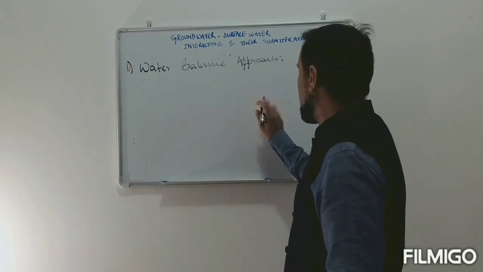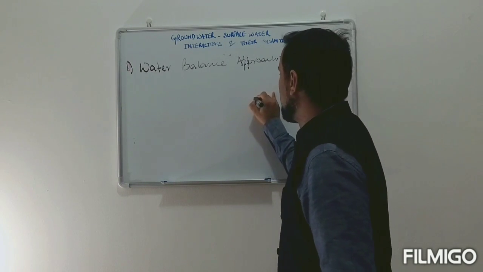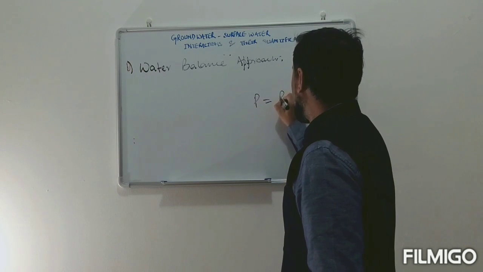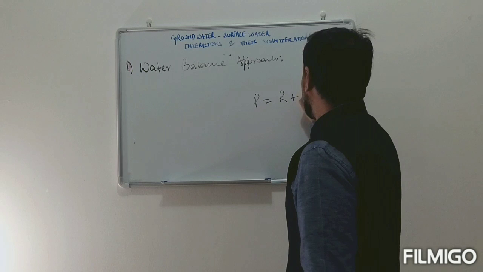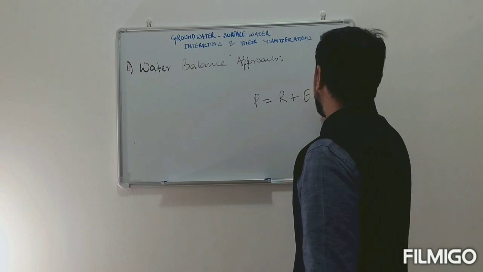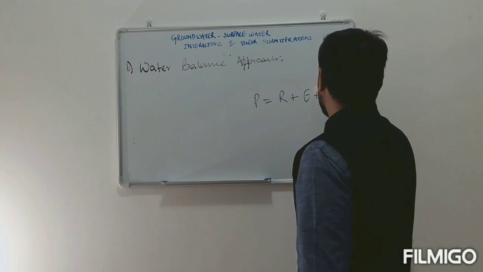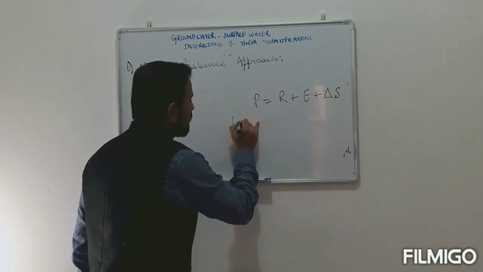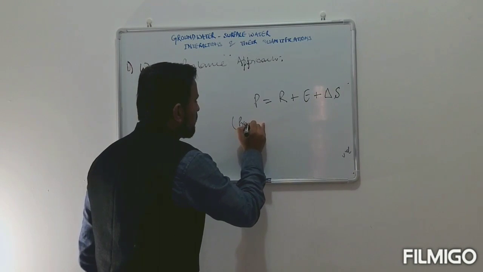If I have to write a water balance equation, it is P is equal to R plus E plus delta S, right? P here is precipitation.